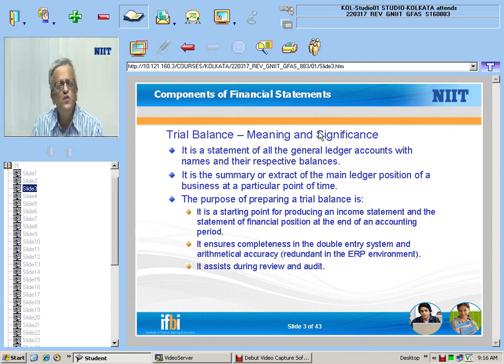Similarly, for review also, what is the position of the organization? What is the business position of the organization? So the trial balance is one of the important statements which are to be taken before the preparation of the final balance sheet and income statement.